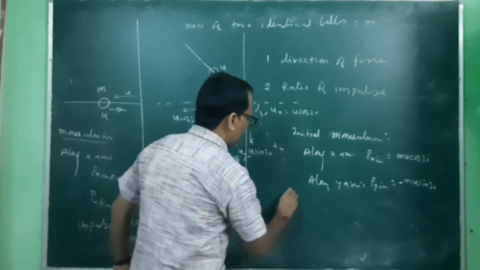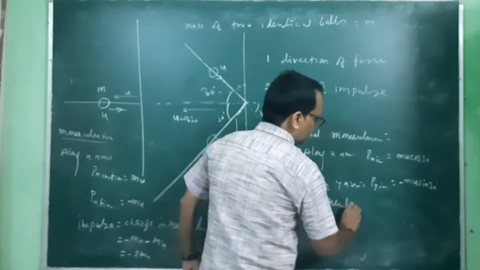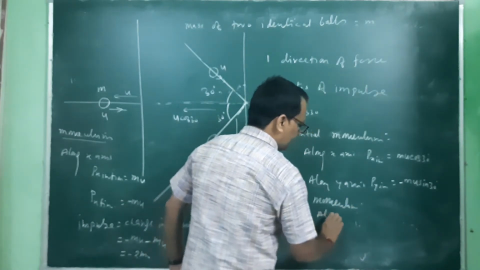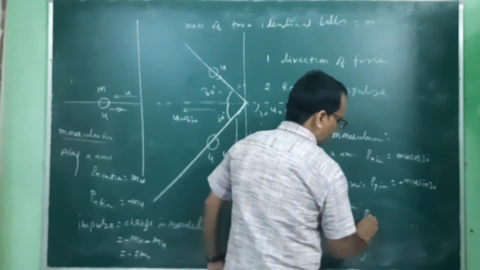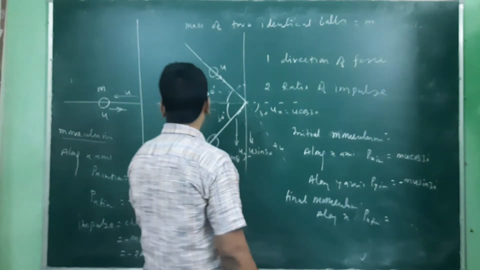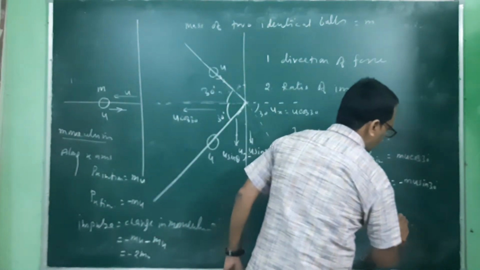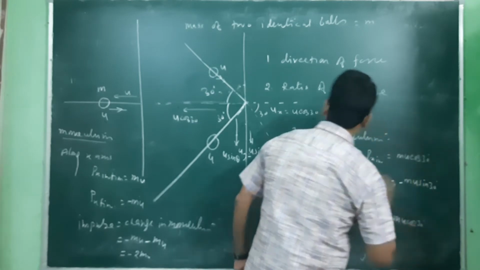So our final momentum along x, px final, is equal to m multiplied by u cos 30.